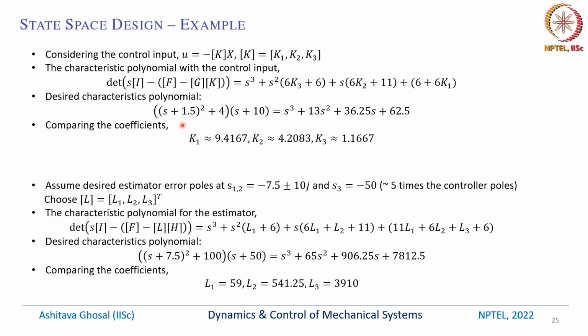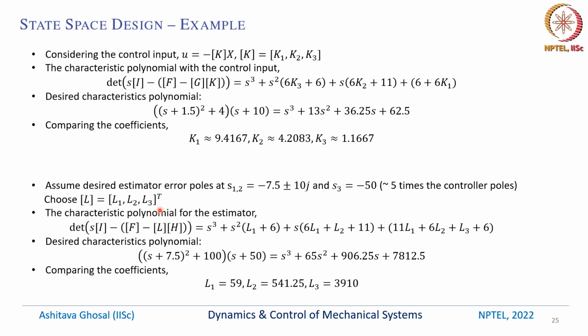We choose the estimator poles faster than the controller poles. The controller poles were -1.5 ± 2j and s = -10. So let us choose the estimator poles as -7.5 ± 10j and s3 as -50, roughly 5 times faster than the controller poles.